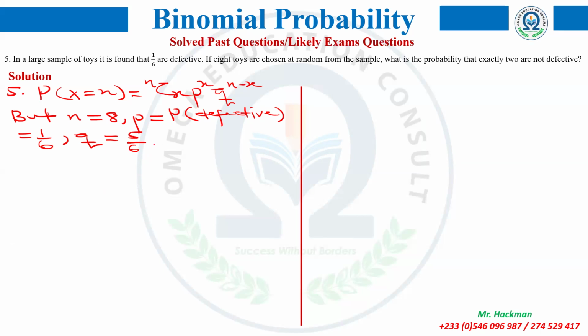Now you know your x will vary from one question to the other. So here, what are we looking for? We are looking for P(exactly 2 are not defective). And I will use the number 2, not defective.